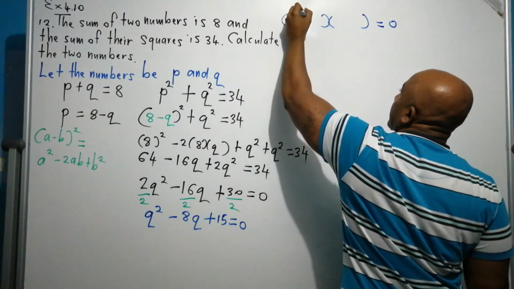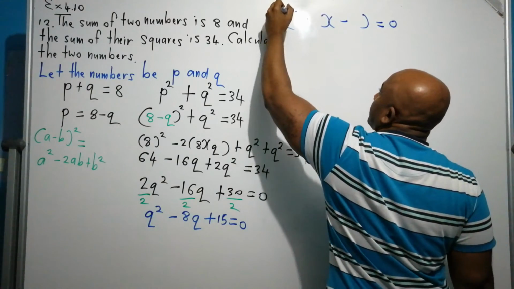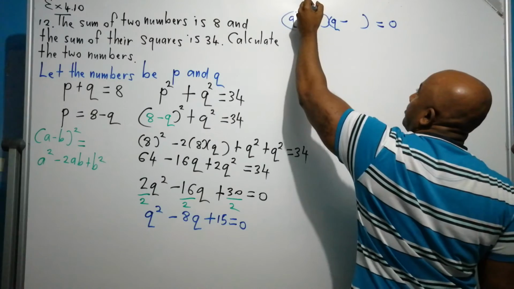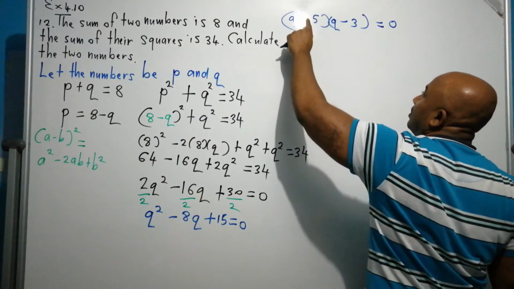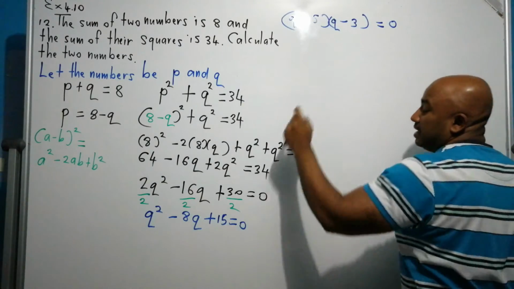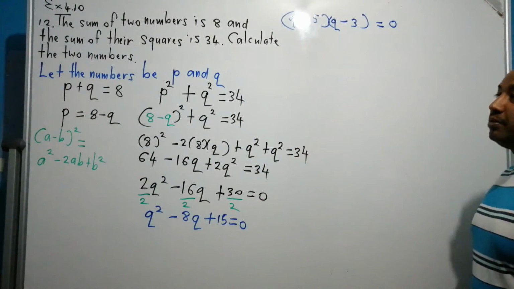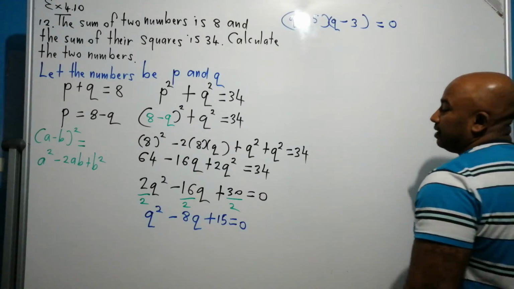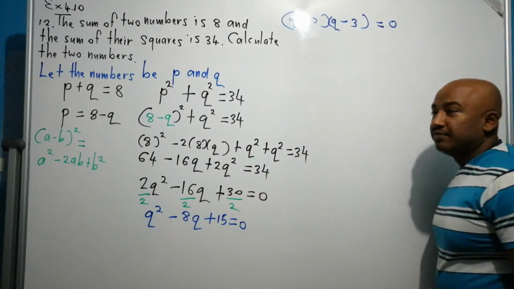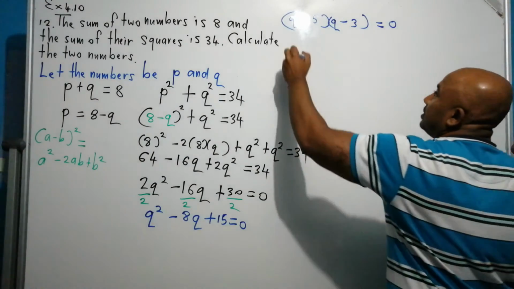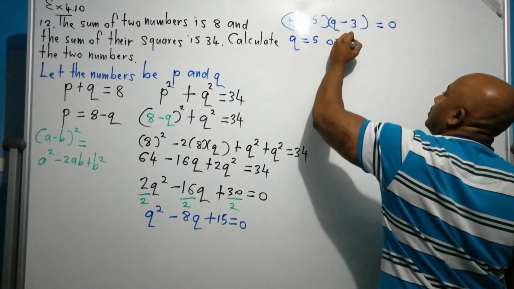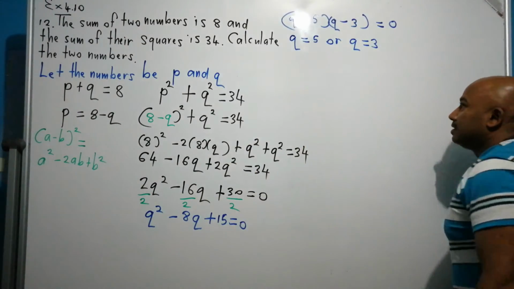Okay, so q squared, so that'll be q times q, 15, that'll be 5 and 3. You know it. These two signs must be negative, because a negative times a negative will give you a positive there. Okay, and if you add these two negatives, you will get your negative 8. So now we have q is equal to 5 or q is equal to 3.